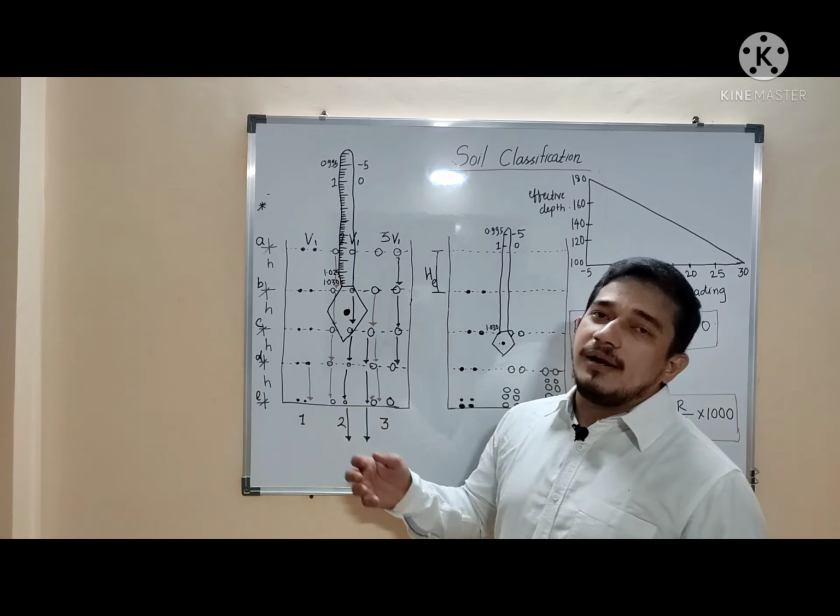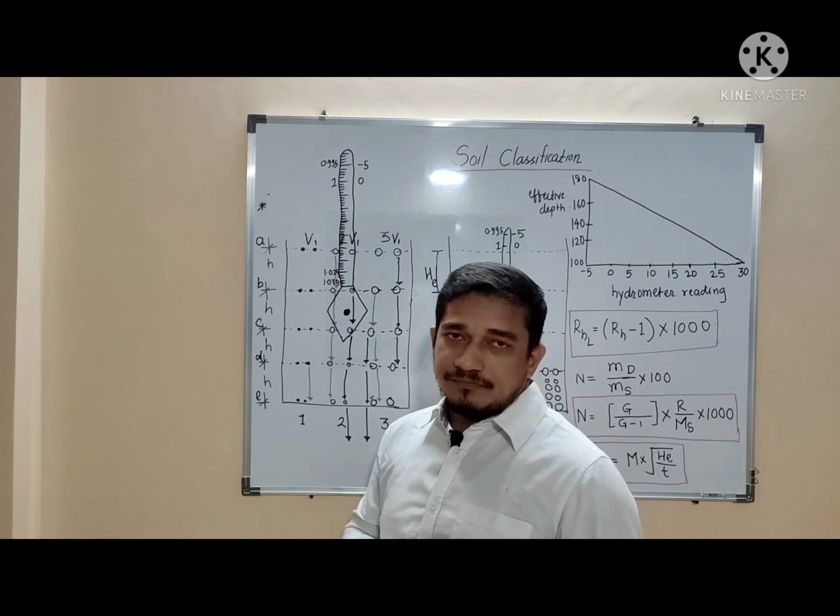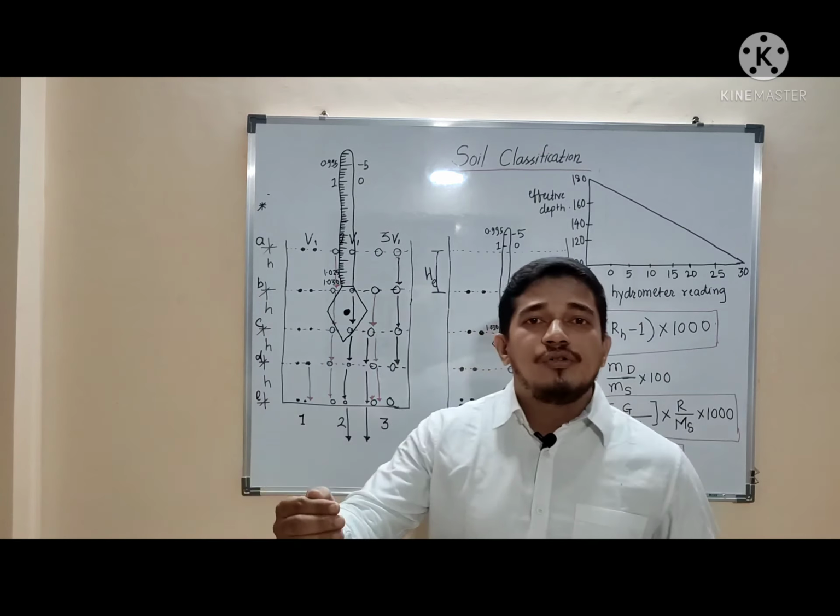Suppose there is another particle at that same level, then that is also going to settle with the same terminal velocity. It will cover the same distance in the same time. So ultimately the concentration of solid particles is going to remain the same, only the level will change.